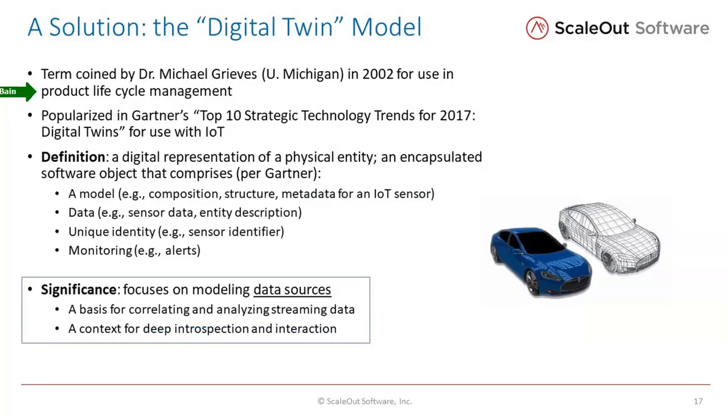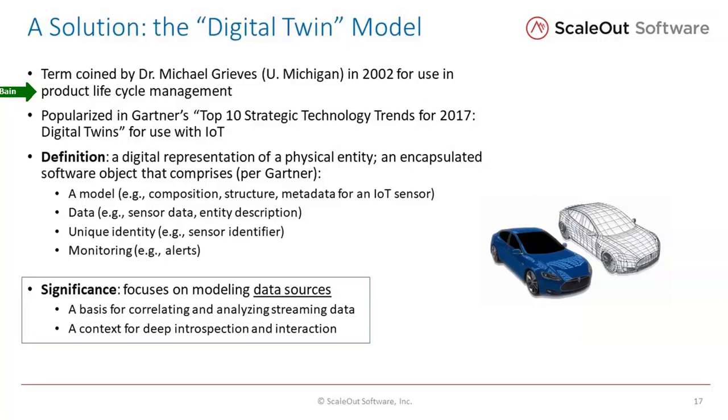However, we're applying this concept to stream processing in real time, not just to feed back real-time telemetry to product lifecycle management so that product manufacturing and design can be improved, but to allow a live stream processing system to process events and provide feedback to that live system so that it can operate more efficiently and more effectively and more cost effectively.